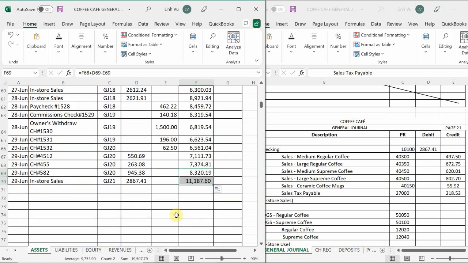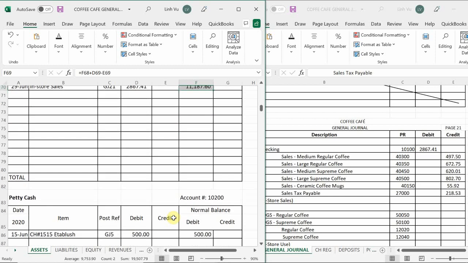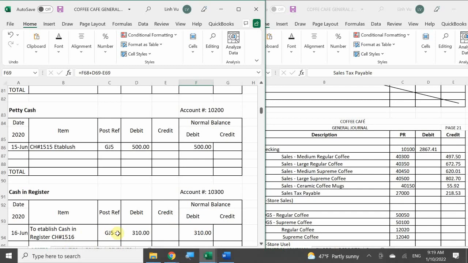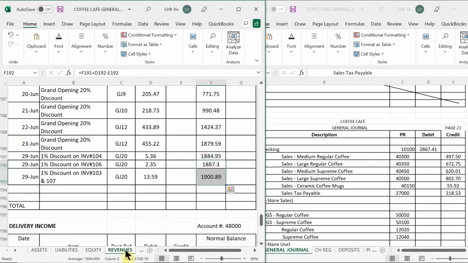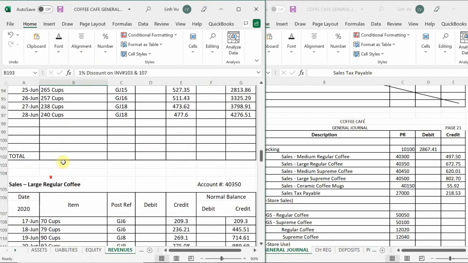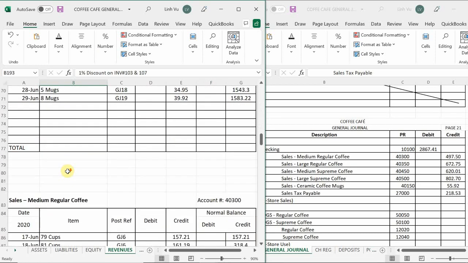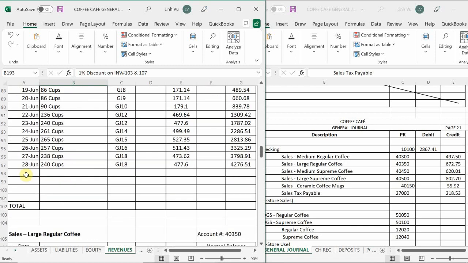11,187.60. Good. So next with sales, starting with regular coffee. How many cups did we sell?